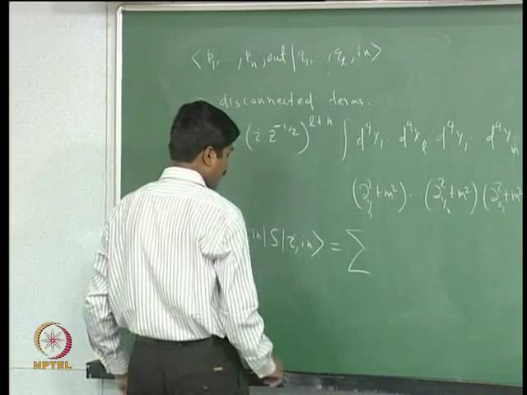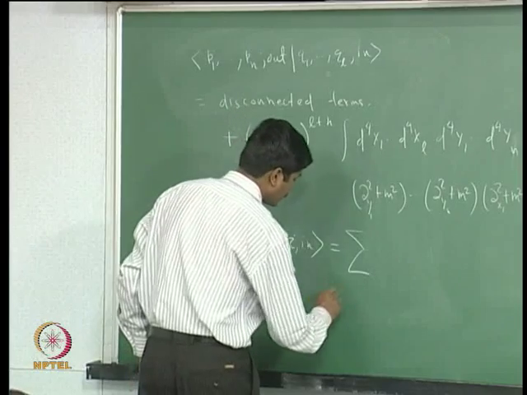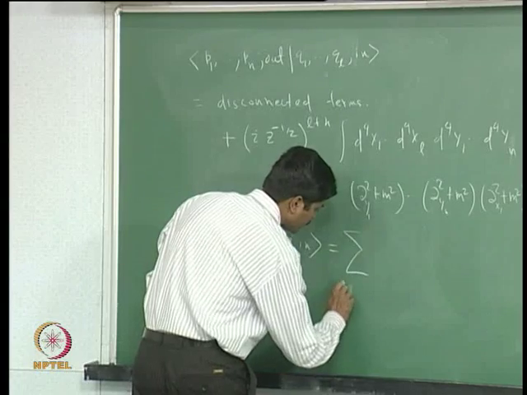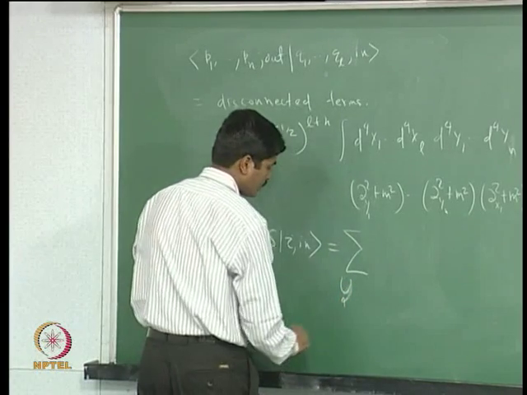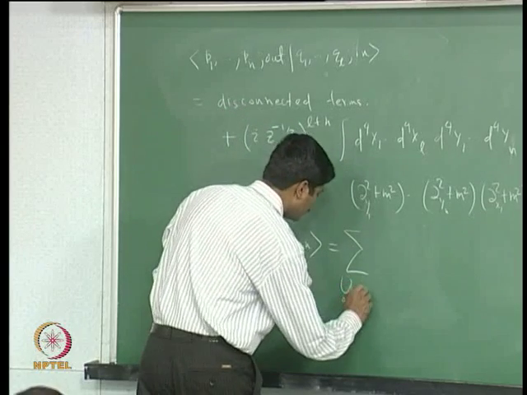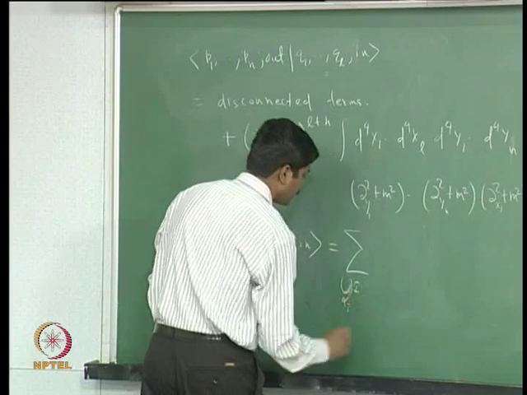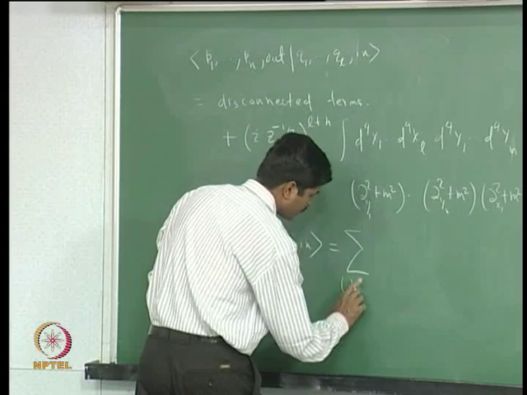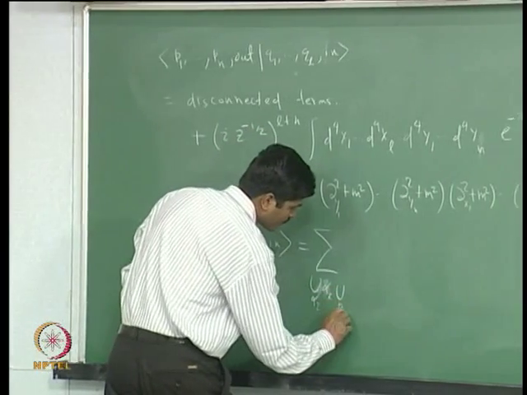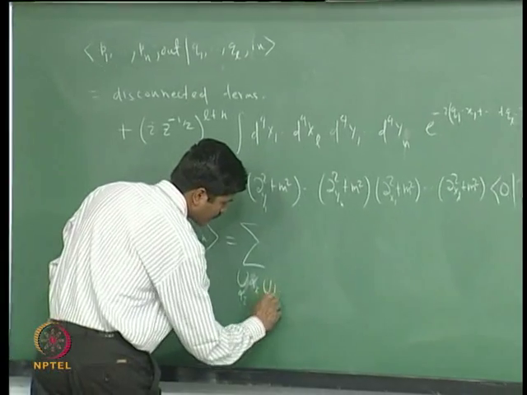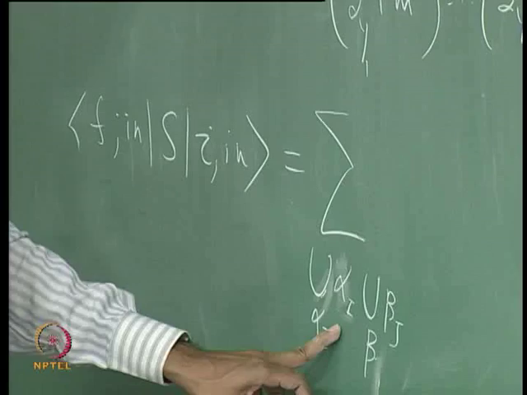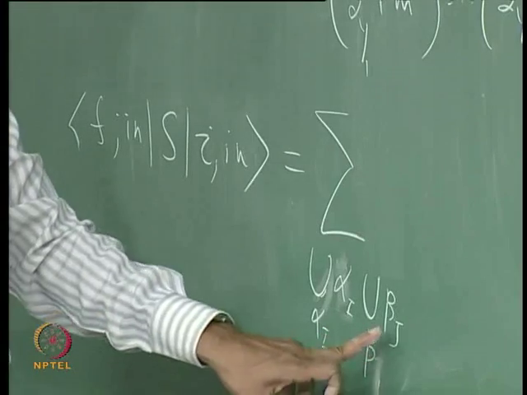So, symbolically, what I can write here is a sum over unions of alpha_i and unions of beta_j, where alpha_i and beta_j are basically a subset of the outgoing and a subset of the incoming state.